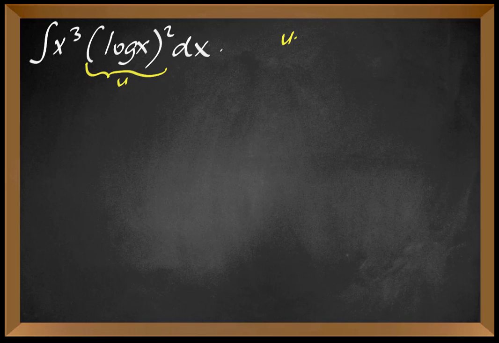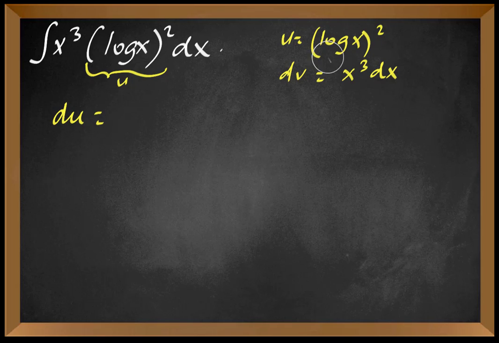Okay, so we can say that if u is equal to log of x all squared, we take the derivative of that. The second part is dv, which is x cubed dx, and now we have to find v and du. So du is 2 times log of x to the power of 1, times the derivative of log of x, which is 1 over x, so we get 2 over x times log of x dx.